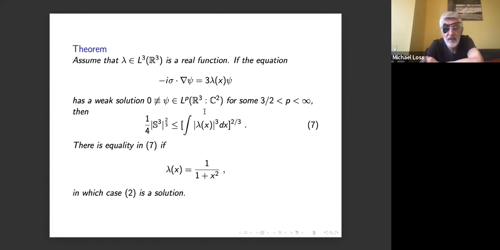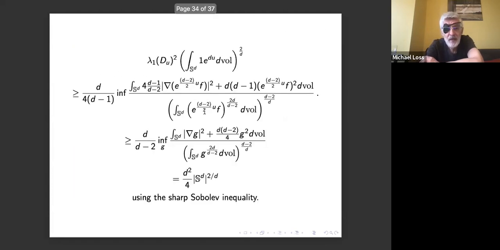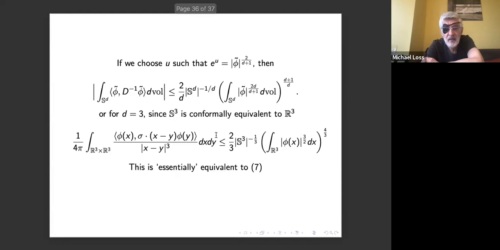This result you can get out of Hiyase's result, but it's not so clear, because first of all you have to show that an optimizer exists for this inequality, and then that this optimizer satisfies this variational equation, etc. That's somewhat tricky. But I just wanted to show that this is not something which comes out of the blue. This is something which comes from differential geometry.